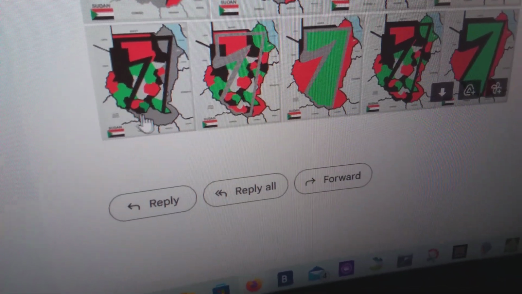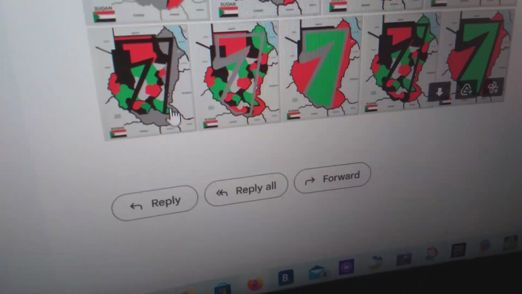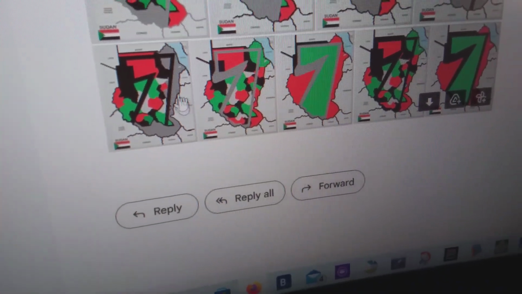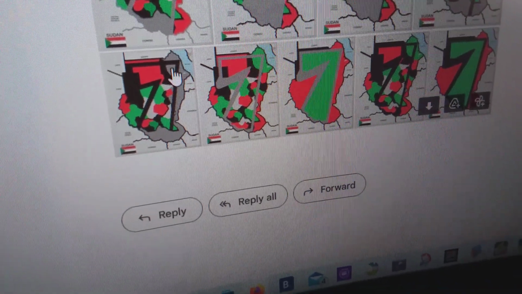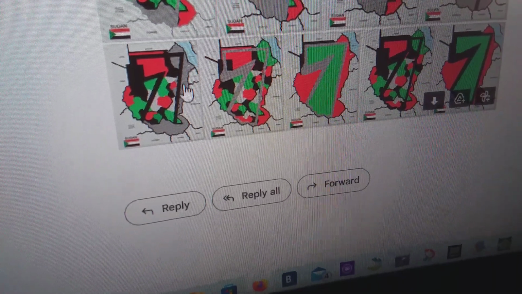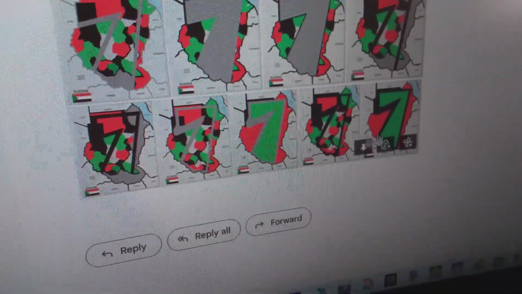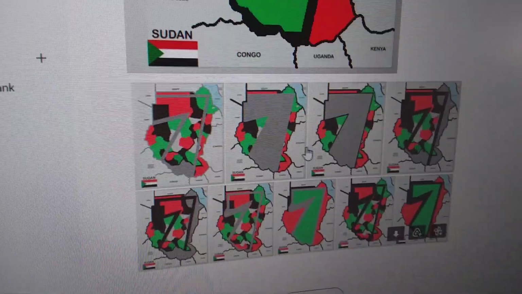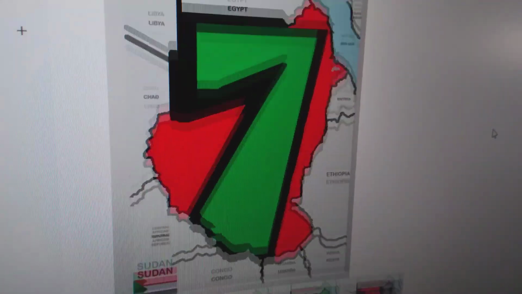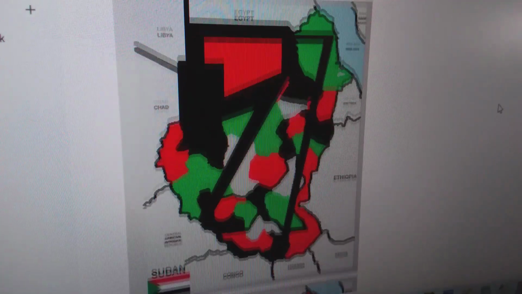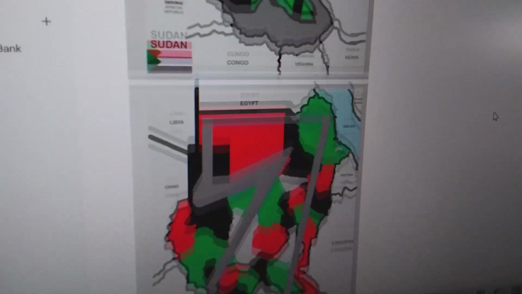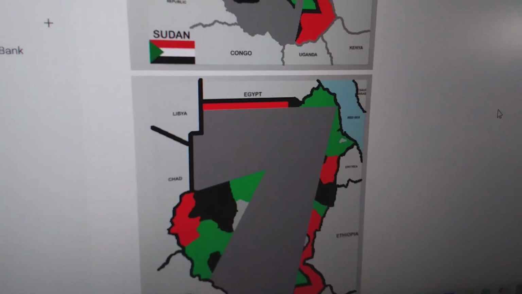This line is open, cleared out, and then connected to Khartoum, you know. So the reason this is right there can show you we are connected to Khartoum by 7. 7 is the major route here we are using as a new system for this politics that we are rolling here. So it's a new politics.